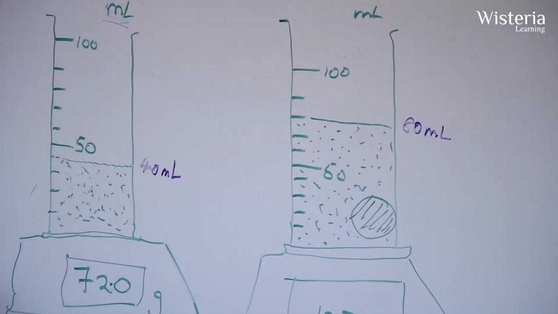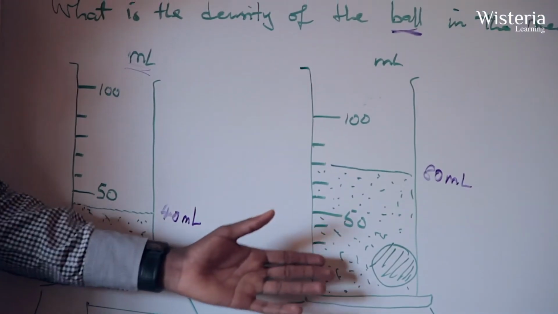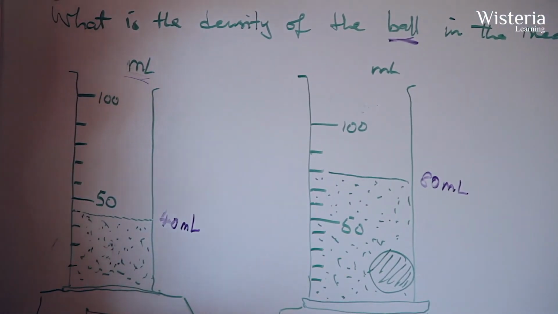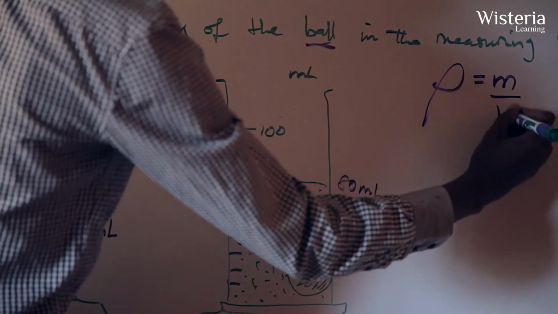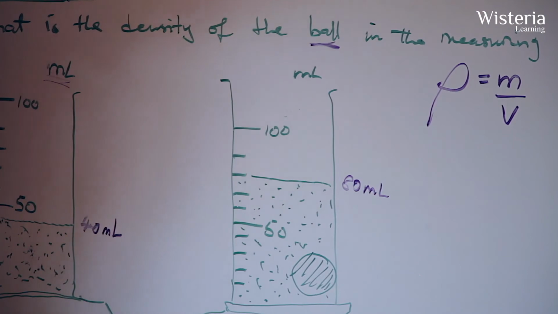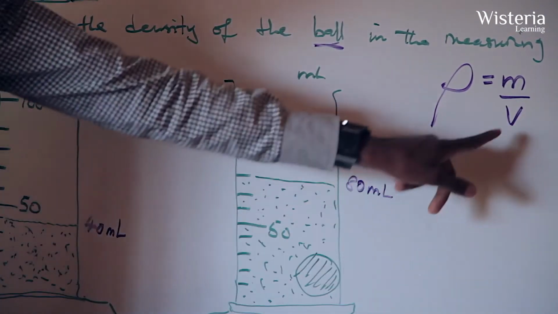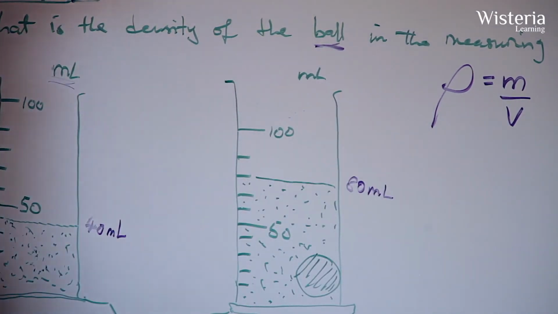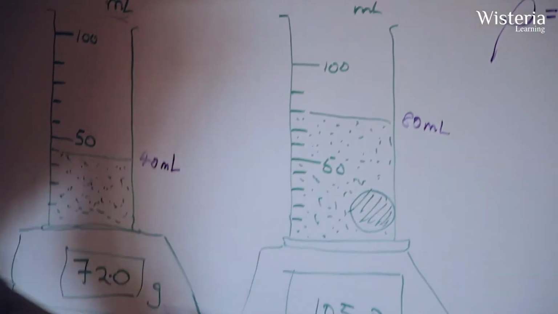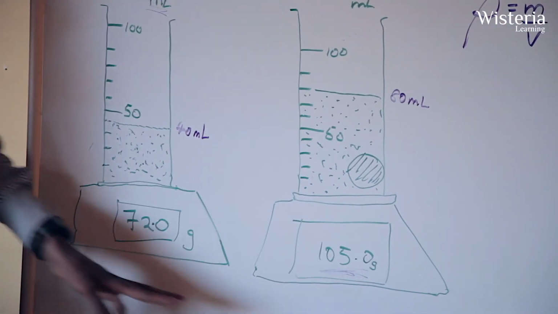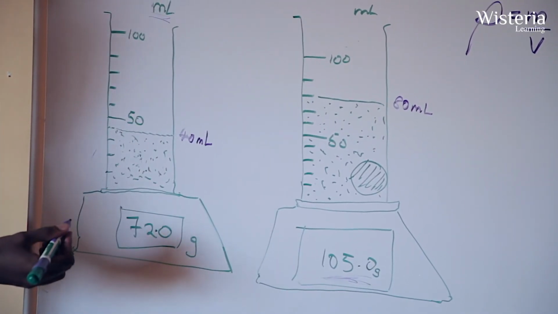Now, in order for us to determine the density of the ball inside the measuring cylinder, we apply a formula. The formula is density equals mass over volume. So we need to know the mass of the ball, and then we need to know the volume of the ball. In order to determine the mass of the ball, I think we can subtract two values here. We subtract 72 from 105.